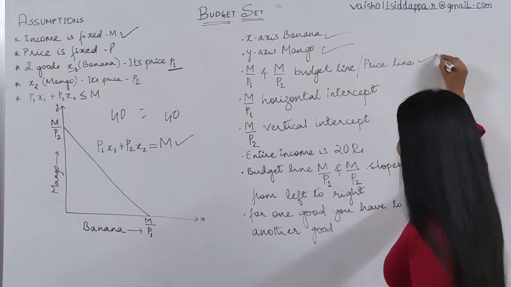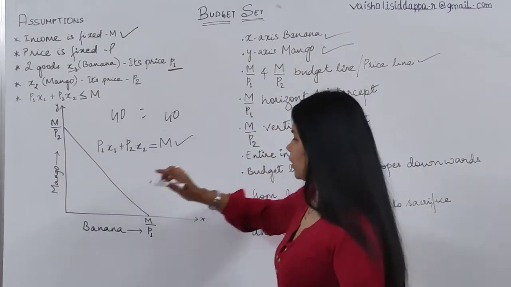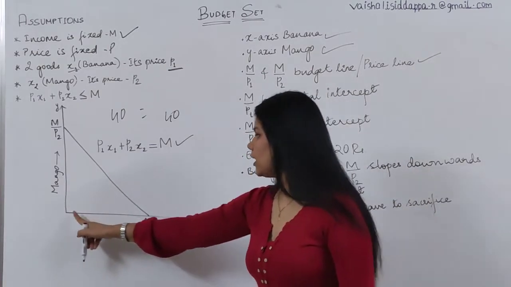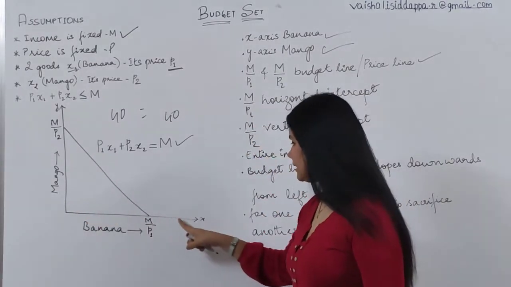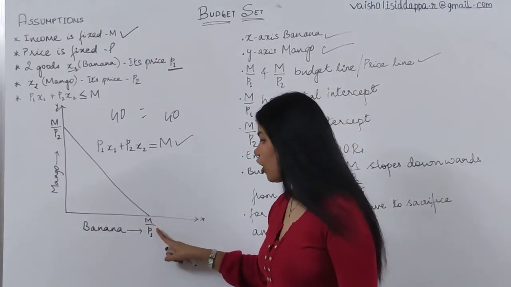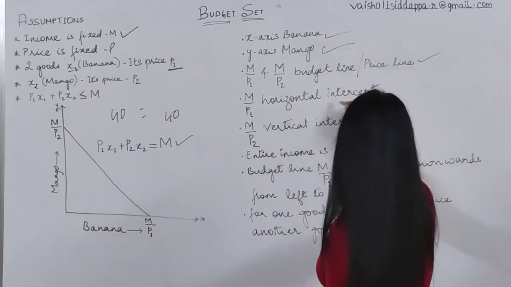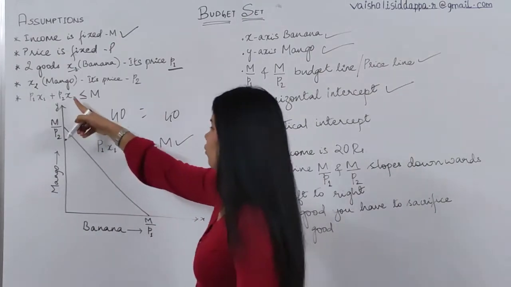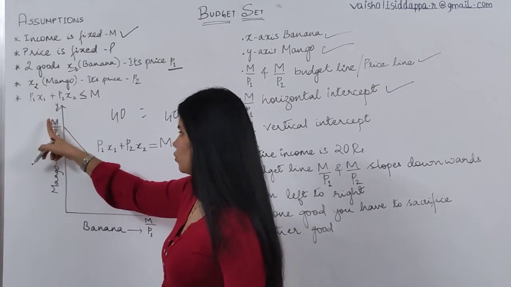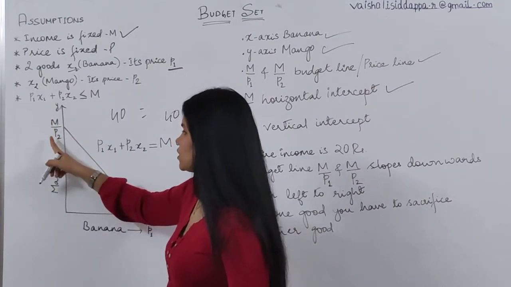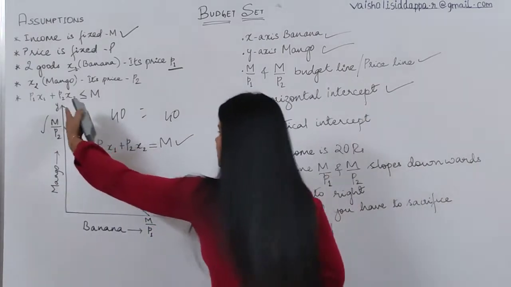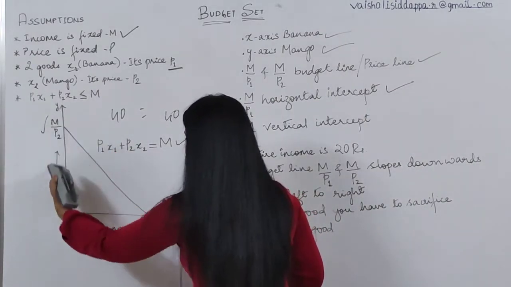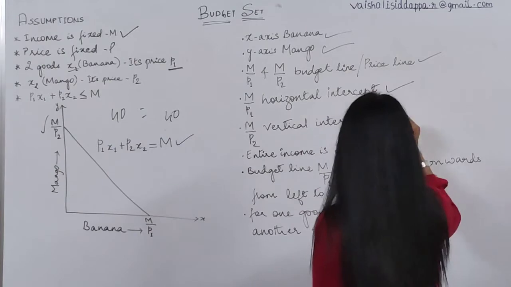Now M by P1, this is called the horizontal intercept, because it is on the horizontal axis. Can you see here? And on the y-axis you have M by P2. This will be called the vertical intercept.